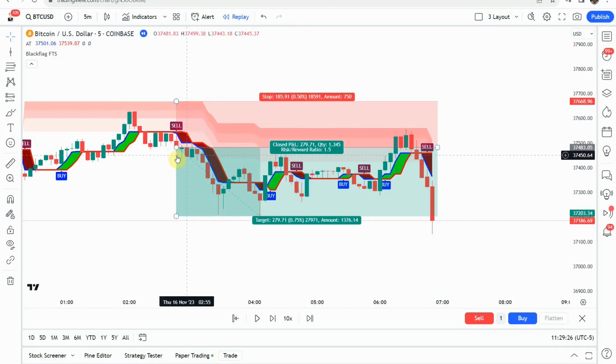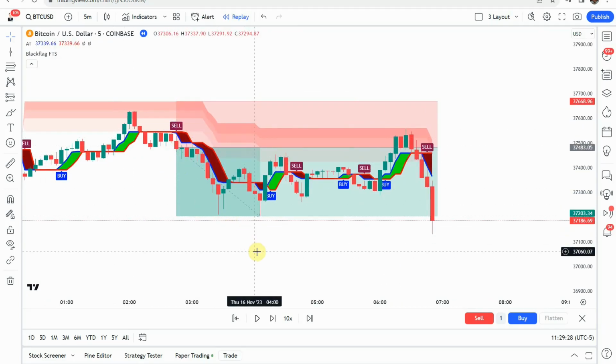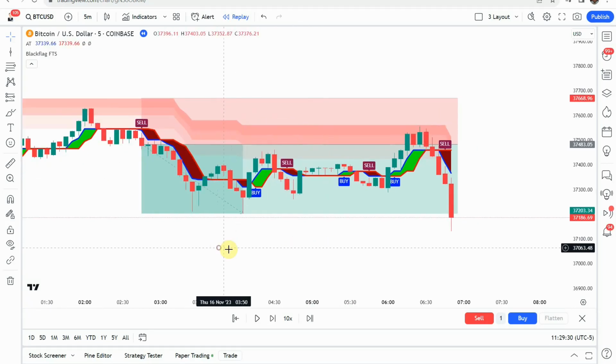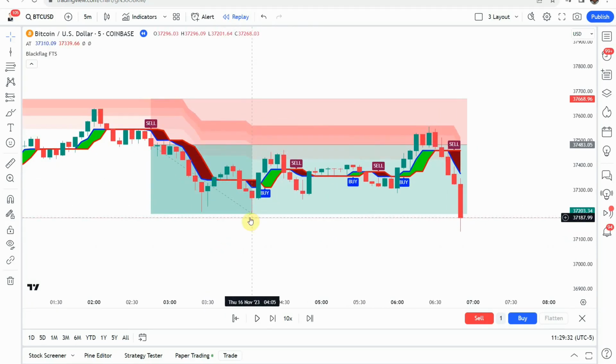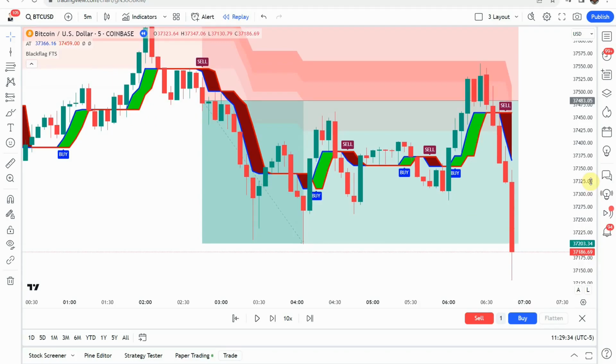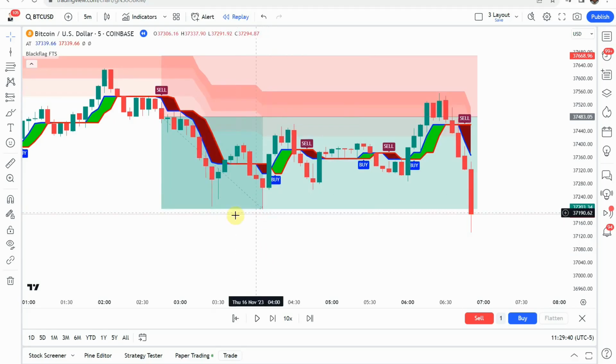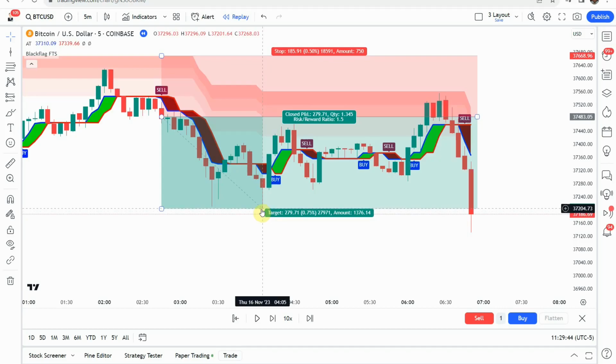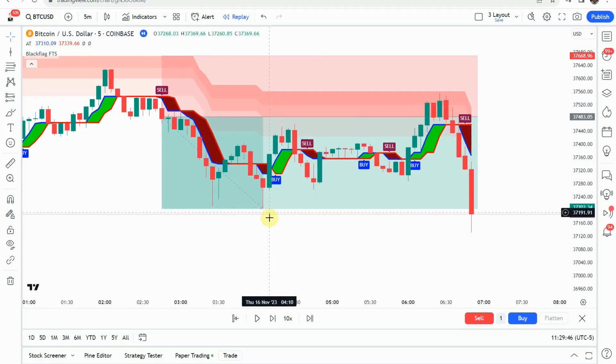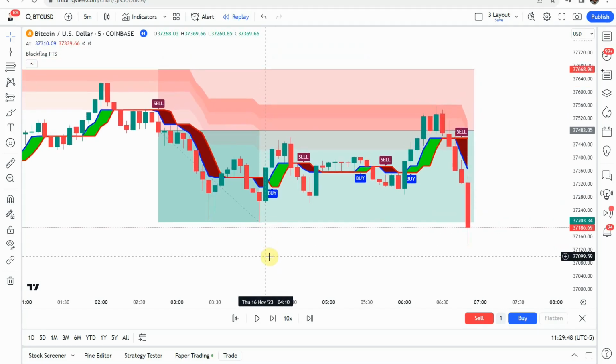Alright, so you can see that we made the push to the downside here and got to our take profit technically right here. Now, that wick was really close to our take profit, and it is likely, I've seen it before, where price will spike down very close to your take profit, and it won't actually trigger your order.